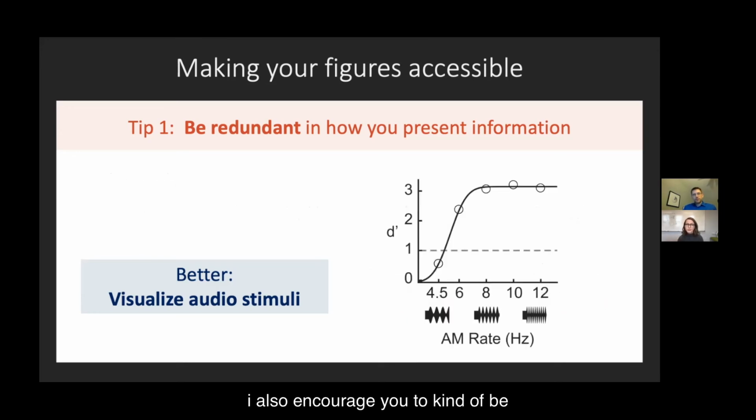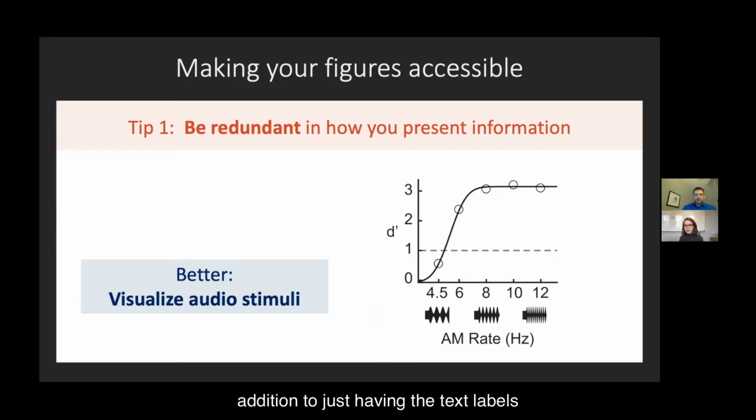I also encourage you to be redundant throughout your presentation. So maybe you visualize the stimuli when you were describing the methods, but now that you're showing actual data, it's great to try to be redundant there as well. And here I have an example of a psychometric function. And on the x-axis, I have the different amplitude modulation rates.